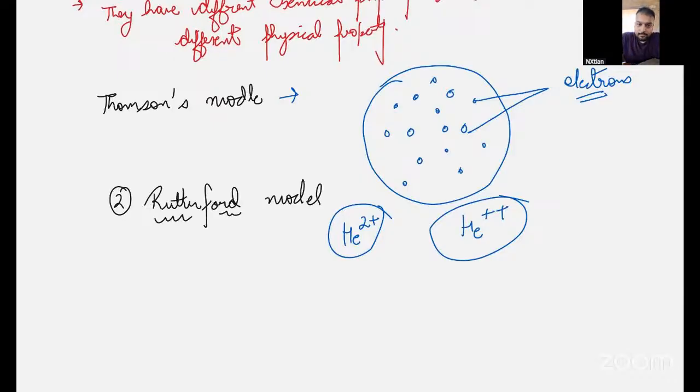So the conclusion is: First, the atom contains some dense, positively charged region located at the center of the atom, which we call the nucleus.